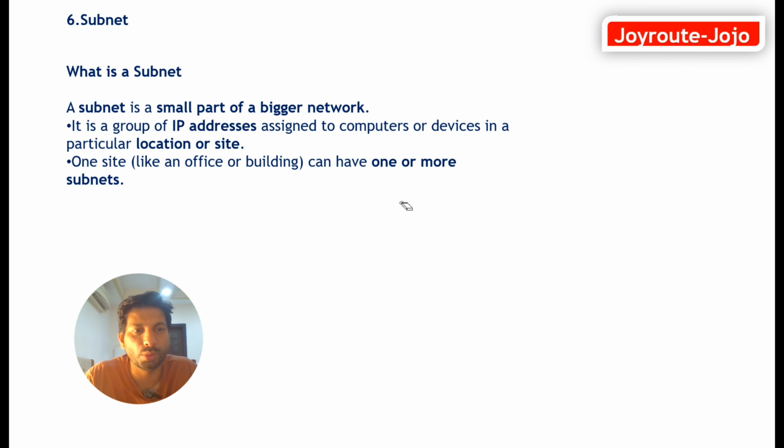Now the other physical component is the subnet. A subnet is a small part of a bigger network. It's a group of IP addresses assigned to computers or devices in a particular location or site. One site can have one or more subnets. Consider this is a bigger network, and a subnet is a part of that bigger network.